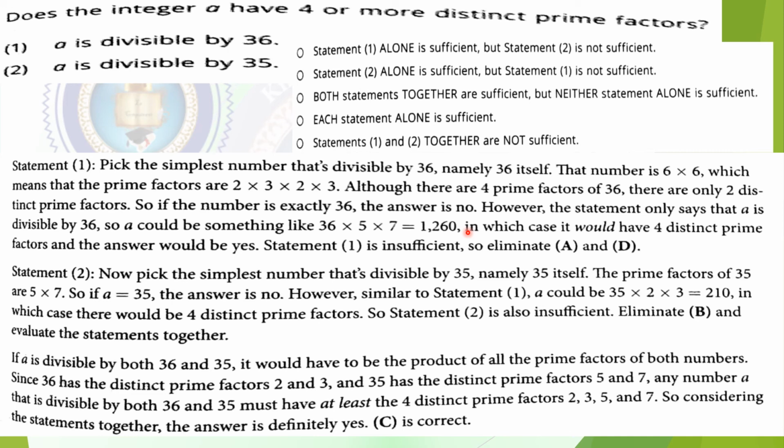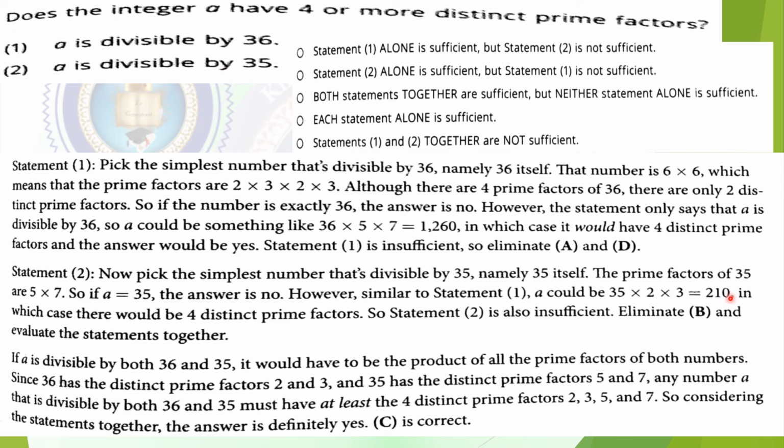Similarly for the second statement, first find the factors of 35. It is 5 times 7, so you get only 2 different prime factors, not 4. But A is divisible by 35, so you can choose 210.